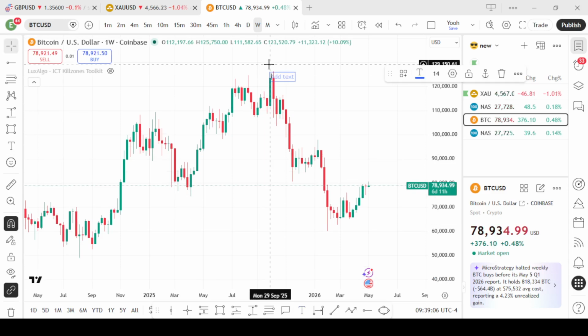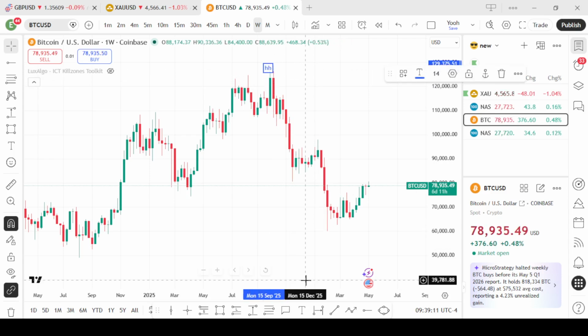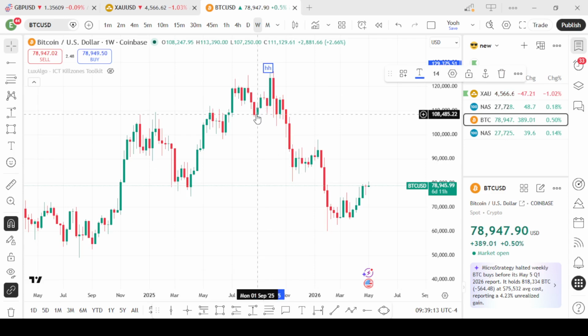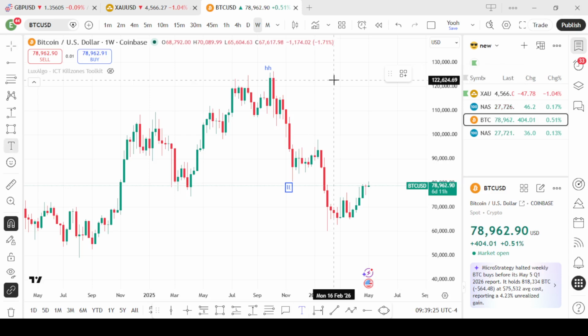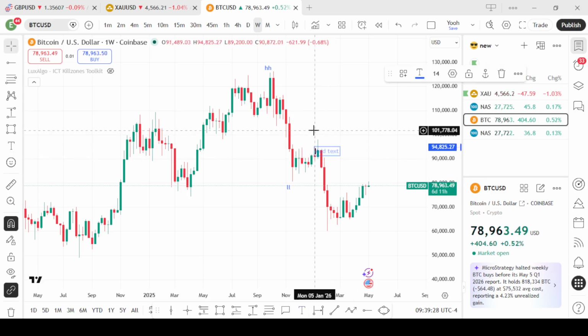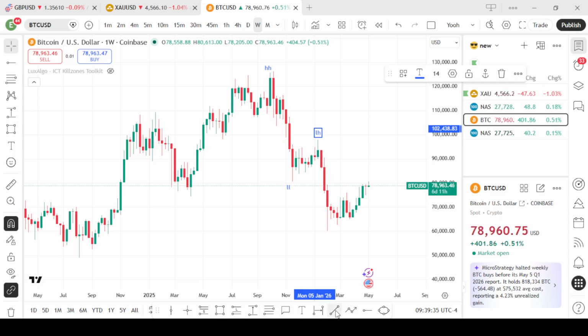This is our swing point, so it's a higher high, higher high. This was the previous higher low, but we came through and formed a lower low. This is our lower high. And this is our lower low as well.